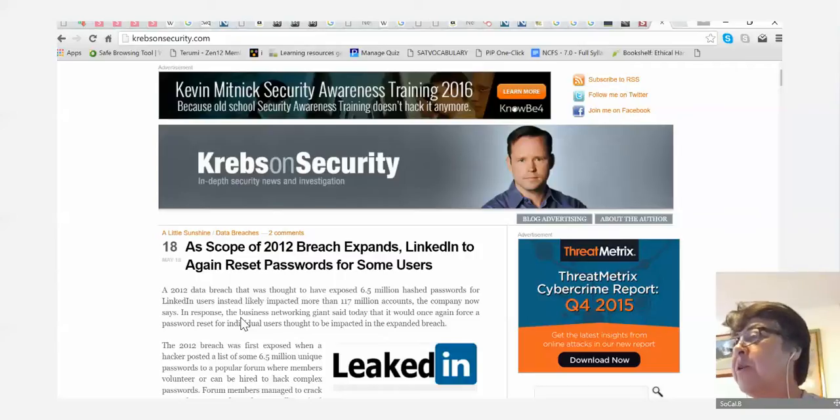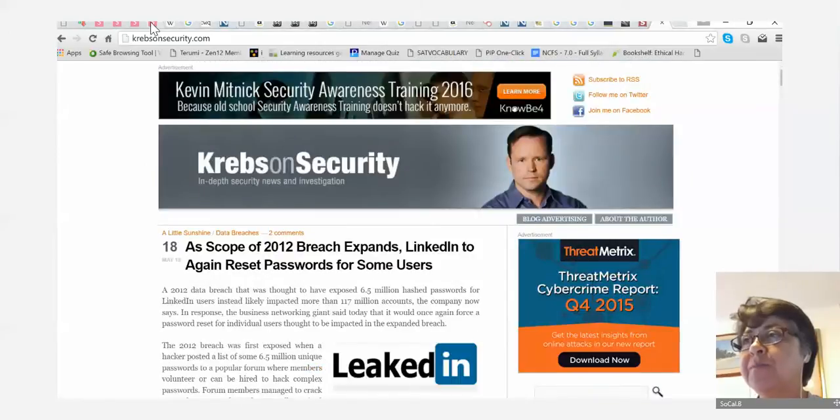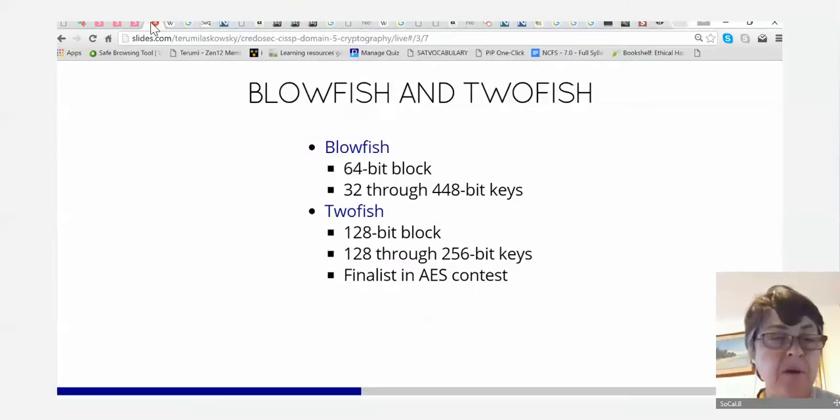But anyway, so this is Krebs on security, and Spam Nation is a very good book. It talks about the criminal elements in the cyber world, mainly the Russians in this case. He did some investigative reporting on it. So there you go, just on the side. Any questions on these? Okay, all right, so let's move on.